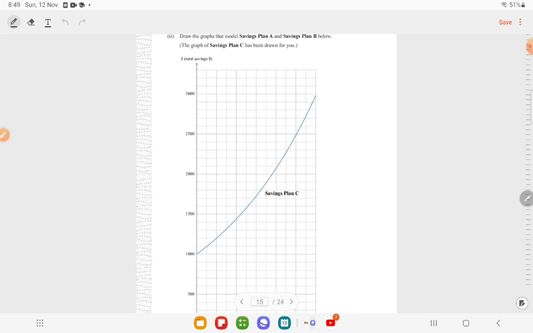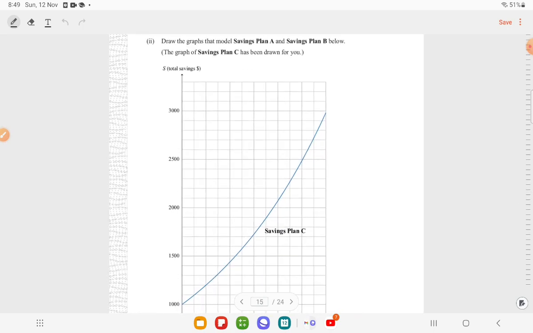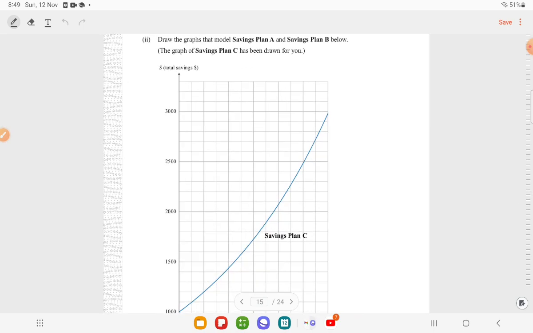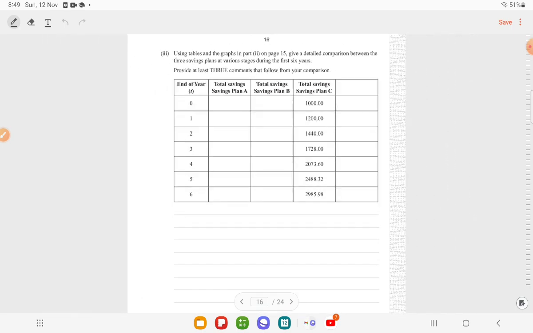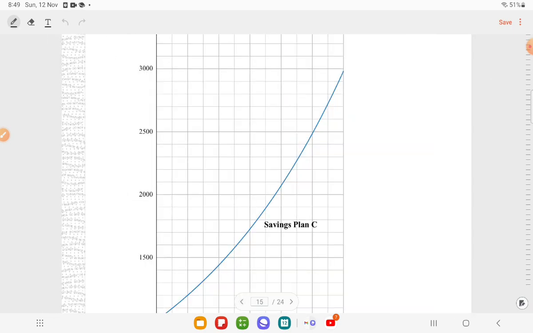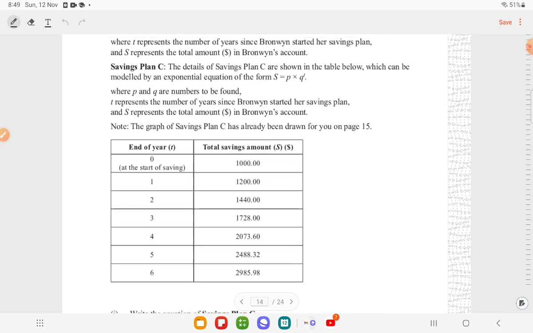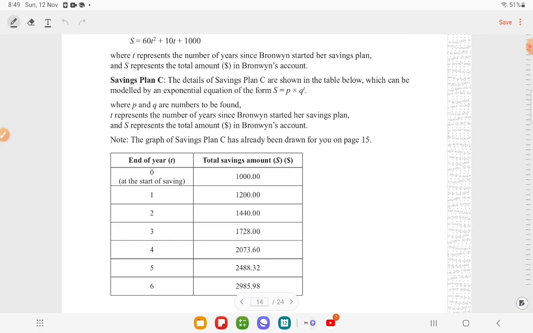Draw the graphs that model savings plan A and savings plan B below. I think doing the next question is easier, so I'll do that one first.